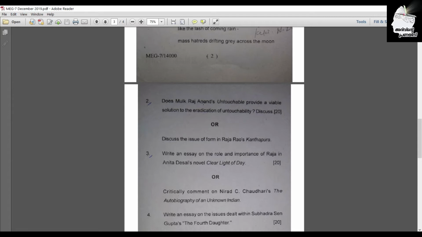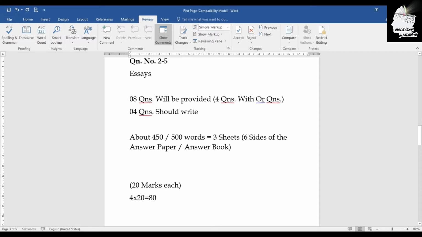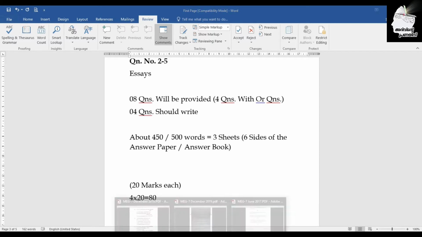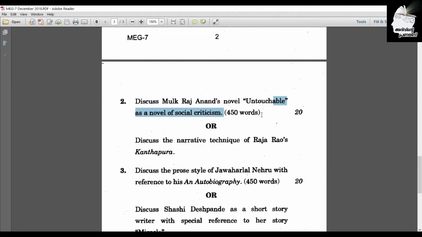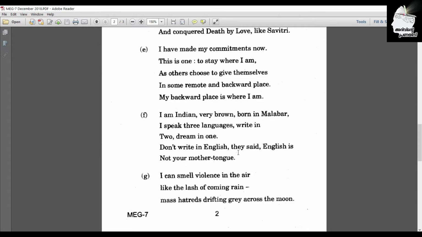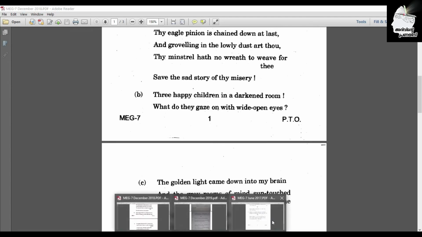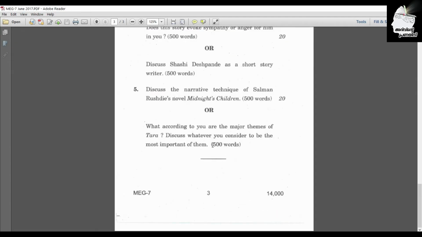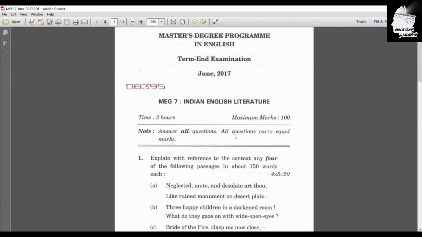So altogether you will get 8 questions, and you have to write 4 questions, and you are told that you have to write at least 450 words. In some question papers it is shown as 450 words, as in December 2018, and in some question papers it is 500 words, as in June 2017.